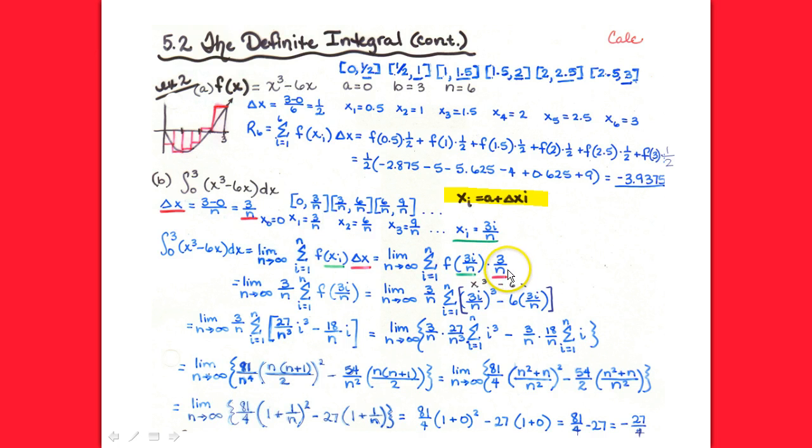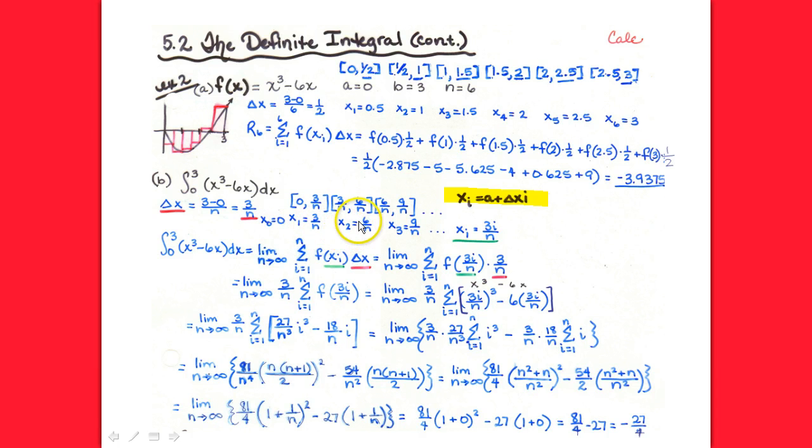Now, we've talked before about where the formula for change in x comes from, but this is the first time we've seen this formula for x sub i. Where does that come from? Well, it comes from a pattern that we can establish in these subscripts down here. If you'll notice, if x sub 0 is 0, x sub 1 is 3 over n. That's 3 times 1 over n.